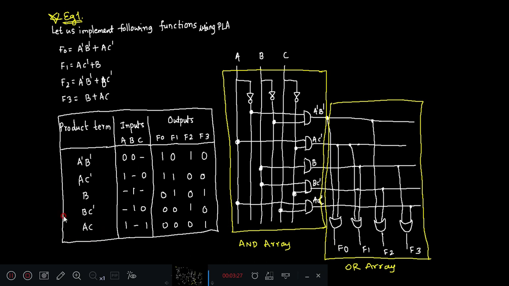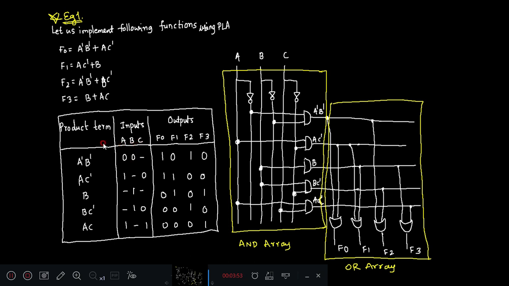Altogether 5 product terms we need to calculate to implement these 4 different functions. So 3 are repetitive: b is repeating here, a' b' is repeating here, a c' is repeating. So out of 8, 3 are repeating, so 5 product terms we need to implement to realize 4 different output functions F0 to F3.